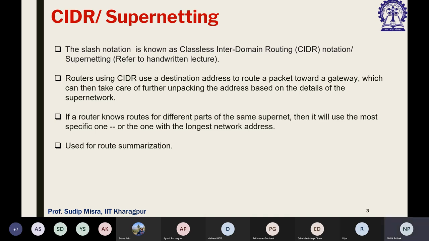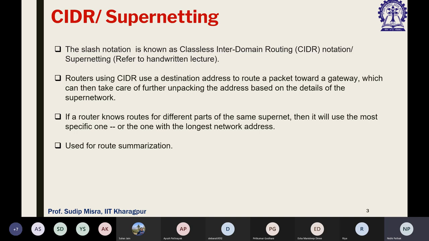So these are the 4 different networks. Now the question that might be asked is whether these networks can be aggregated, or whether you can form a supernet out of these address blocks. So you have to check whether it can be done or not. You have to check whether the 3 conditions that I just mentioned hold or not.